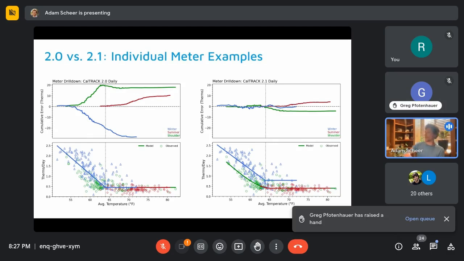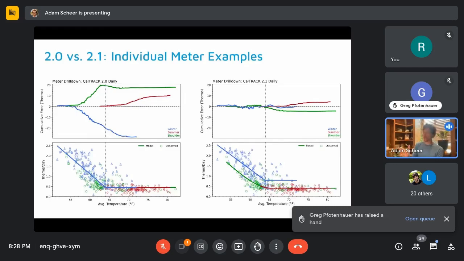And the cumulative error profiles are shown in the top plot. And so here you can see the winter is split out into its own independent model. Given that, you would expect there to be very little bias across the sum total of data points, and that's indeed the case. You can see that that blue line in the top right-hand plot ends at about 0.